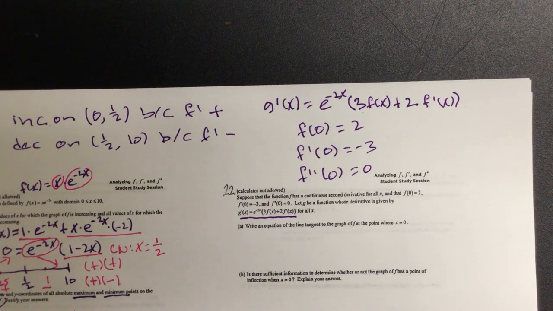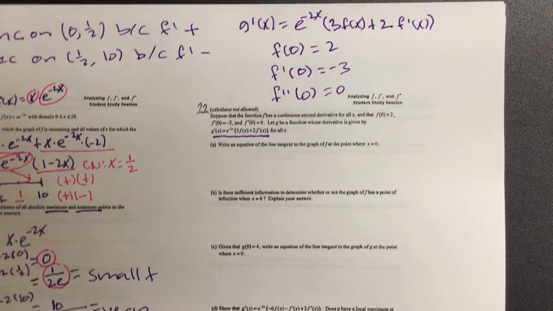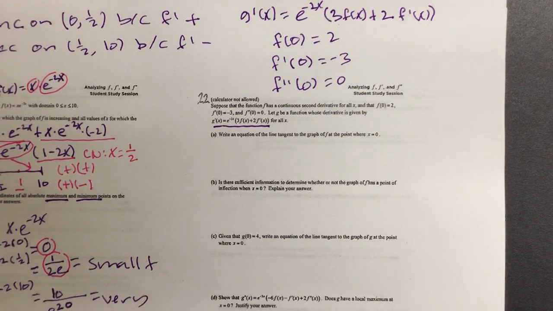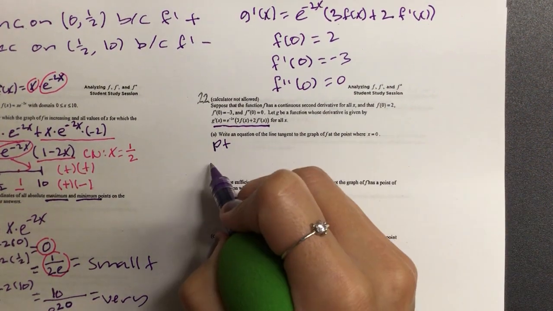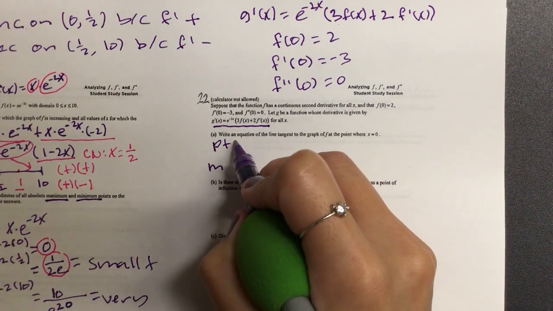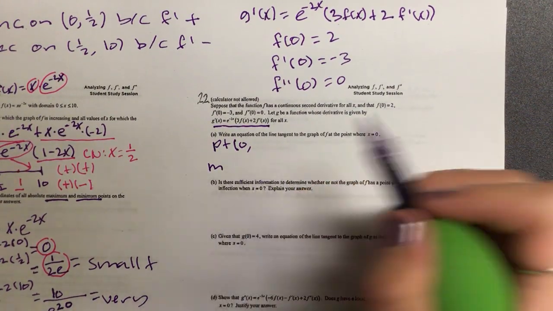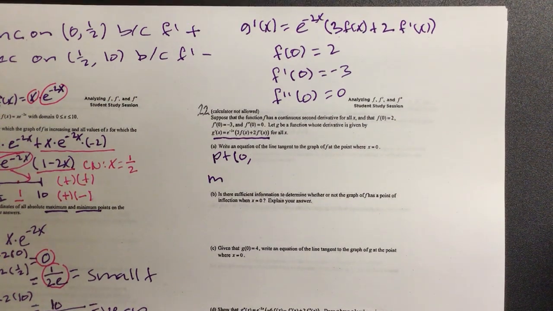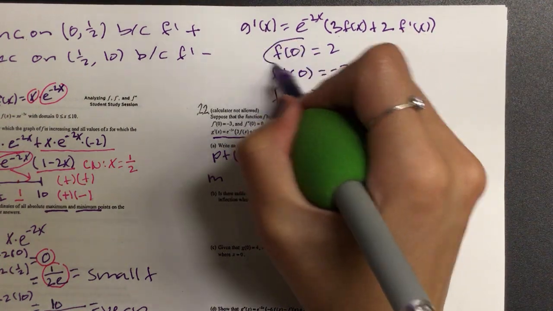Okay, Camille, let's read number 22 part A. Write an equation of the line tangent to the graph of f at the point where x equals 0. So we need to write the tangent line. The tangent line involves a point, and it involves a slope. Our point is at 0 comma something. We don't have to plug in, isn't that a point already right here?